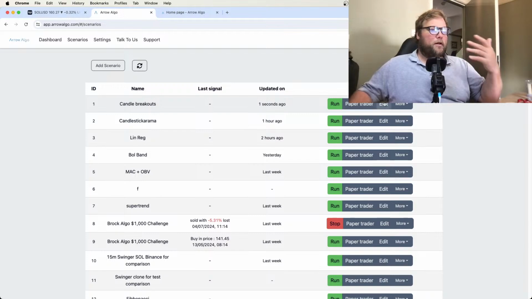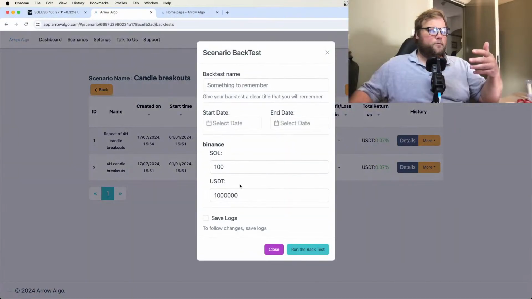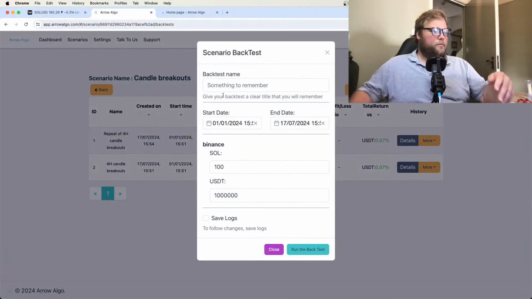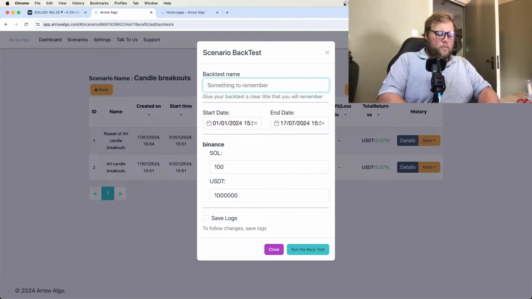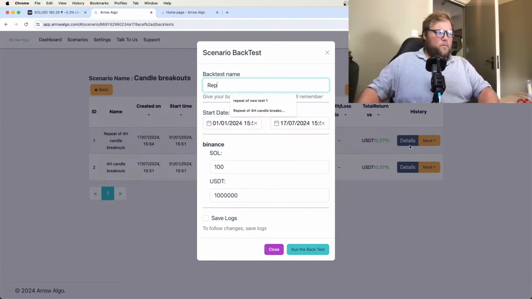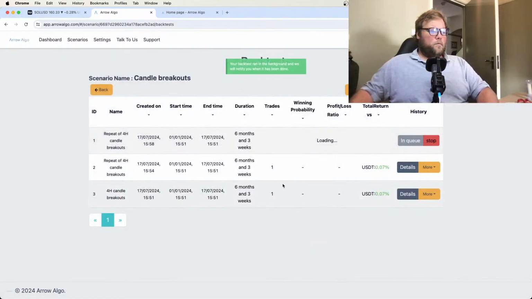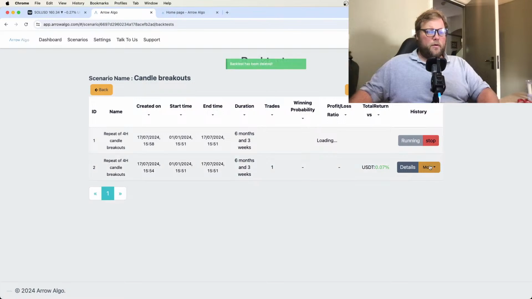If you want to build something around an arbitrage strategy, that's possible as well. And we can delete these previous tests because we know that they were no good.